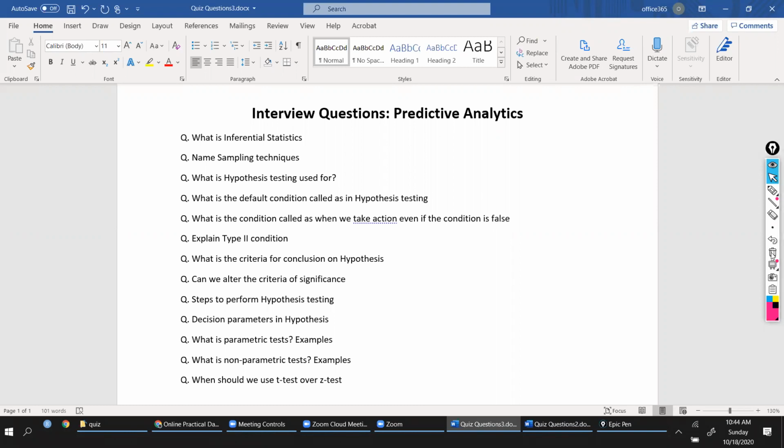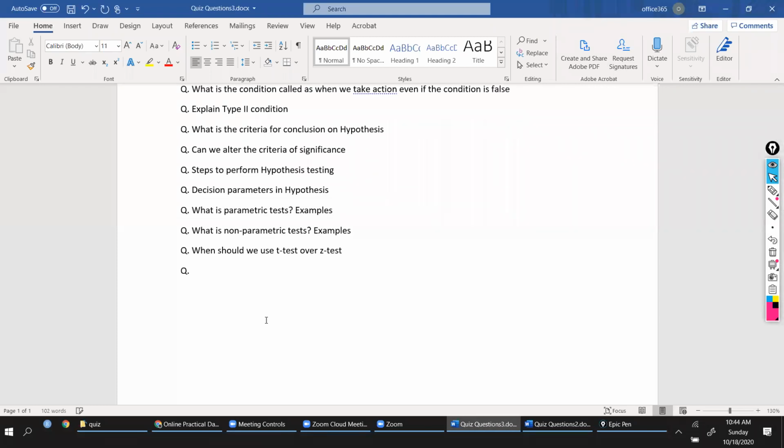What test should I apply for two normally distributed populations having same variances?